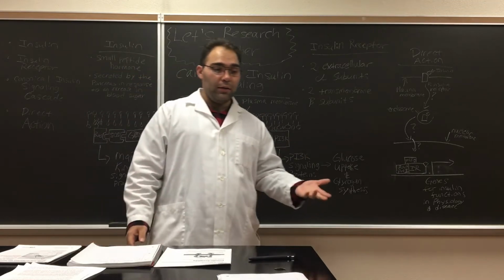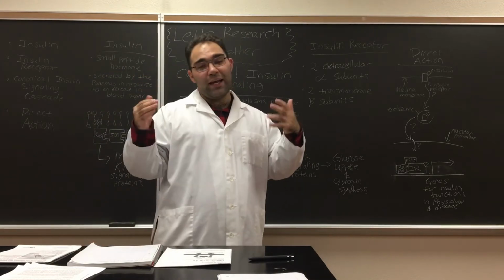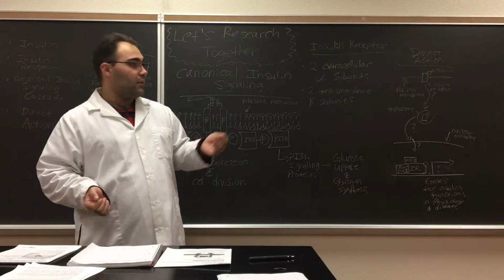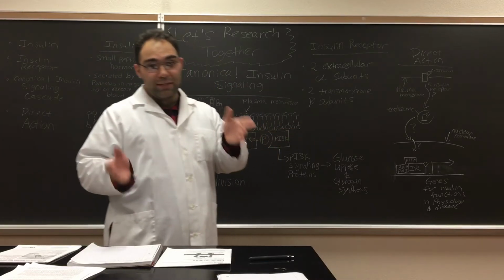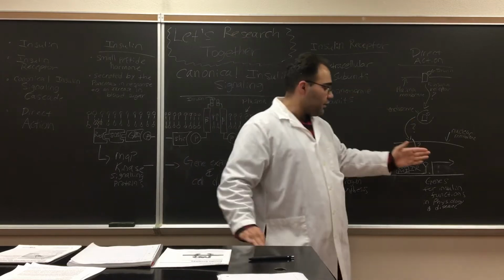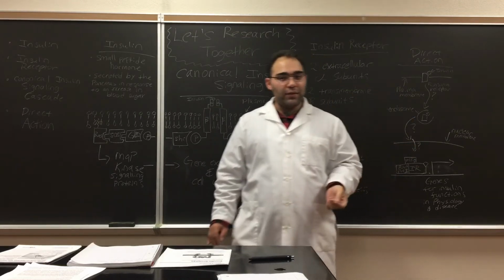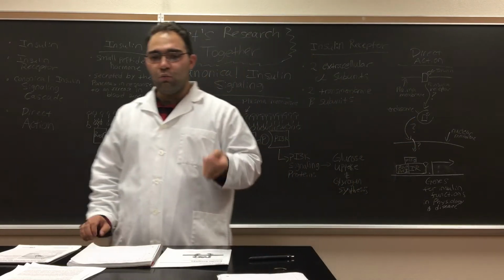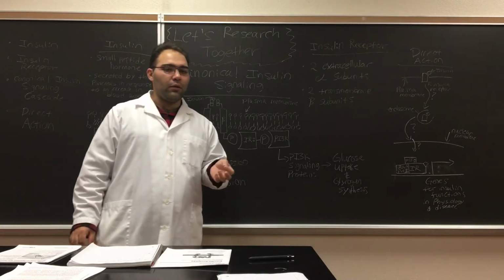And it's a new pathway, but it's actually not so new, because in the 80s, the insulin receptor was detected in the nucleus, but at the time they weren't quite sure what it was doing.